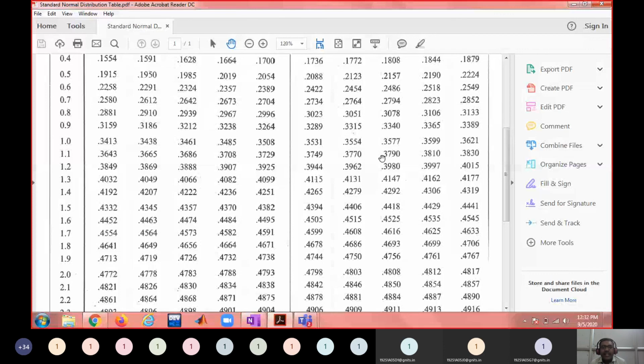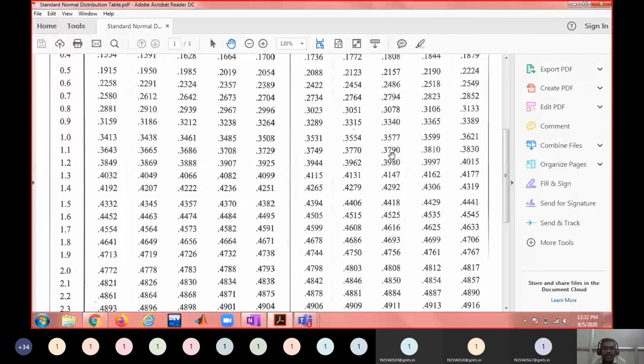Then in that case, what you have to do? You have to take the average of the corresponding z values of these two values. What is the z value corresponding to this? 1.16. This value is 1.17. So what is the average of 1.16 and 1.17? 1.165.